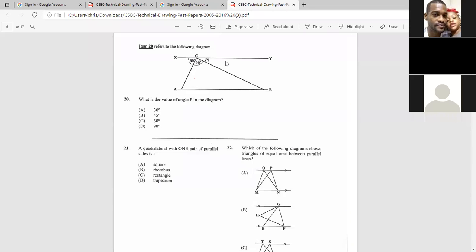So if we add up these and subtract what we have from 180, we should be left with how much? 90 plus 60 is how much? 150. And when we take away 150 from 180, how much are you left with? 30. The answer is 30.